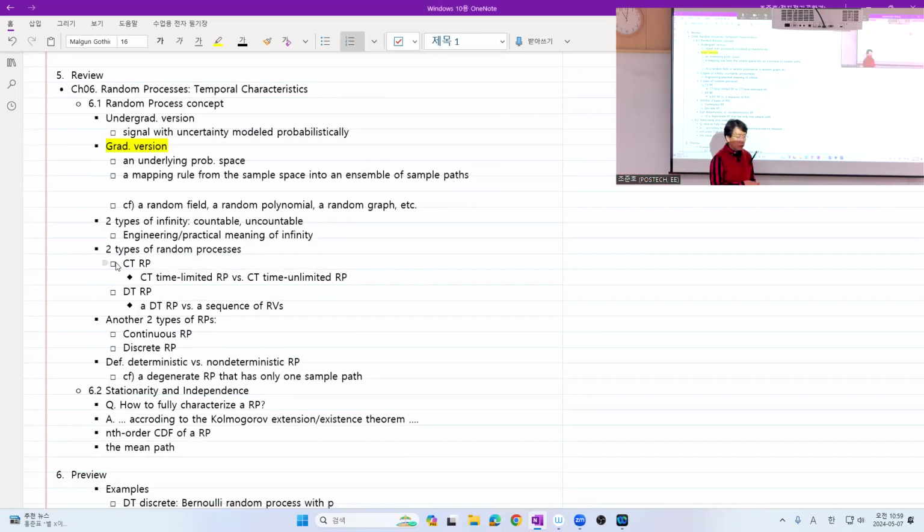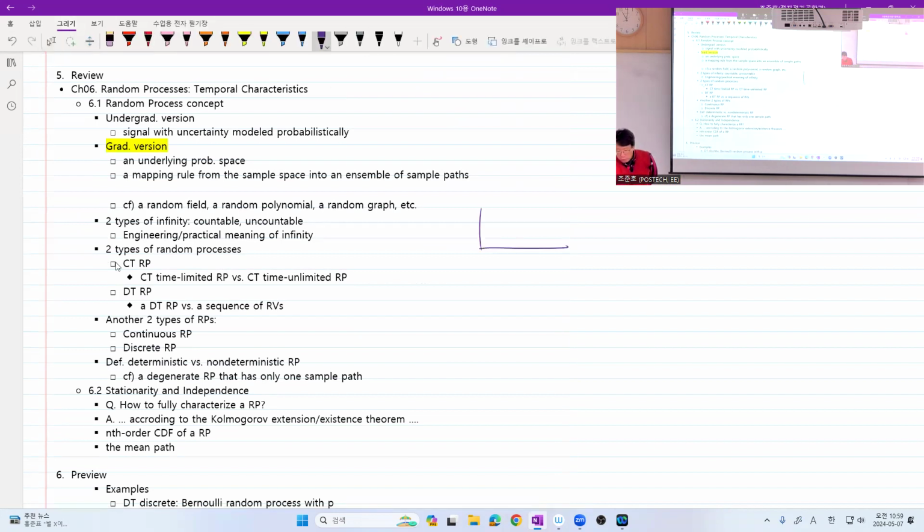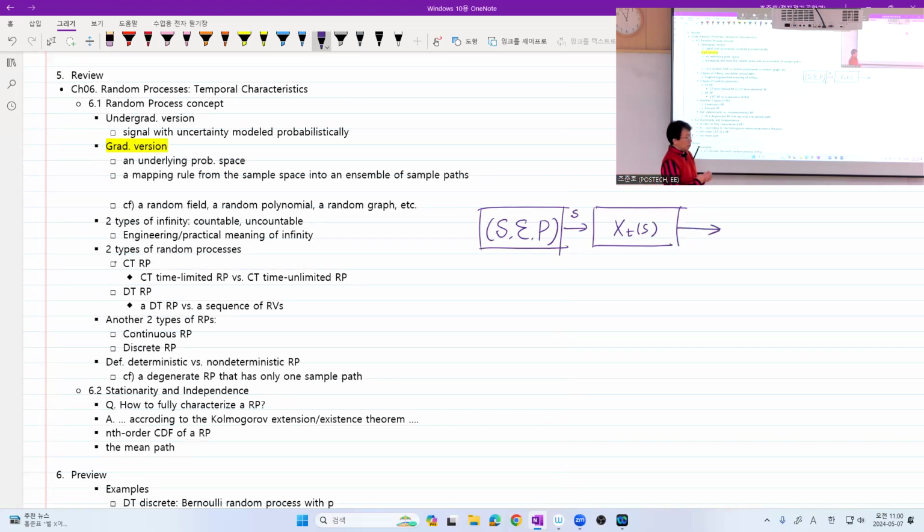And as always, we started from the underlying probability space. So we have a box here that shows how the probability space is constructed. And here comes the outcome. And here we have an interesting mapping rule, which is parameterized by T and S. Unlike the previous mappings, we may have this T be an element of a continuous set or a discrete set, anything.